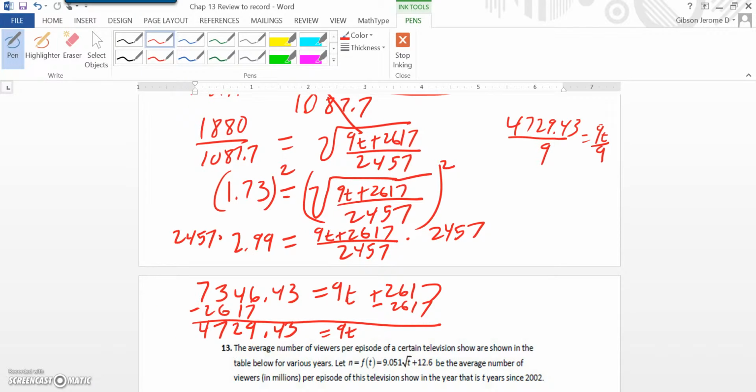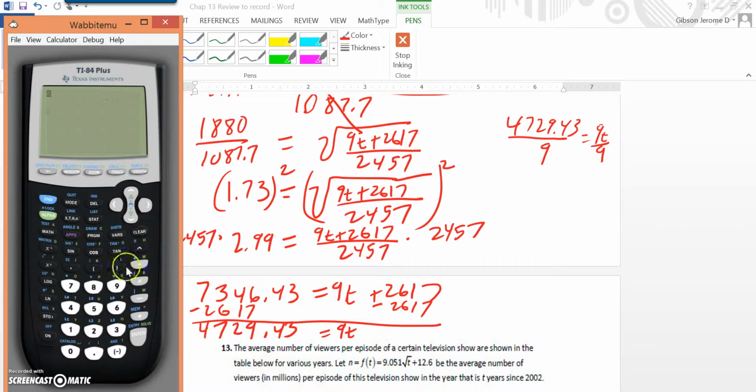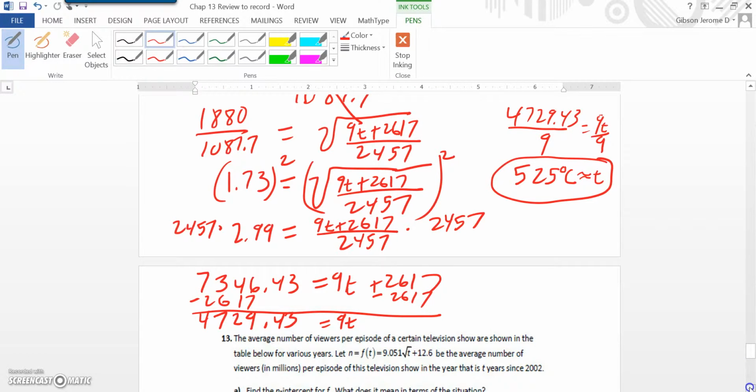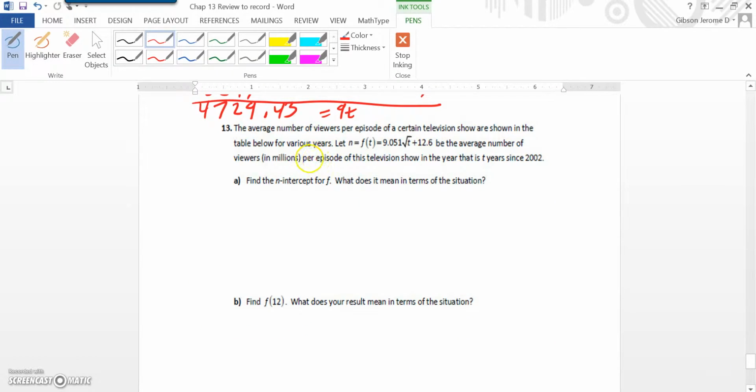And then we would take our calculator, and we would take 4,729.43 divided by 9, and that gives us 525 and this decimal. But what they want us to do is round to the nearest degree here, so we would just do 525 degrees Celsius is approximately T, and that will be our final answer. Okay, so now we come here to 13.